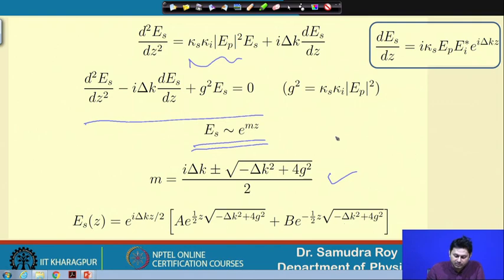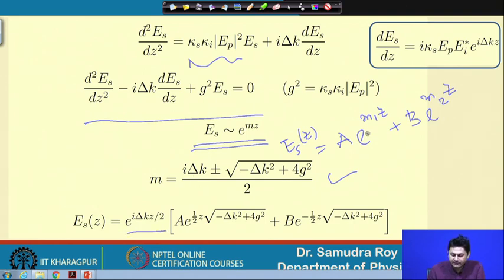So, my standard solution will be A e to the power of m1 z plus B e to the power of m2 z. That will be our solution for E s of z, and if I replace this, I will readily get E s is e to the power i delta k z by 2, that we are getting from this, times A e to the power of half z square root of delta k square plus 4 g square, plus B e to the power of minus half z square root of delta k square plus 4 g square.